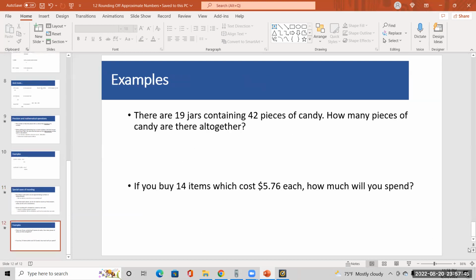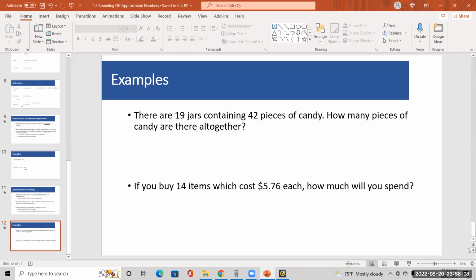Okay, so last couple of examples here. Let's say that you have 19 jars containing 42 pieces of candy. And you want to know how many pieces of candy there are altogether. Is this exact or is it approximate? Well, you're not measuring the pieces of candy, you're counting them. You're not saying how wide they are, how heavy they are, or any of that.